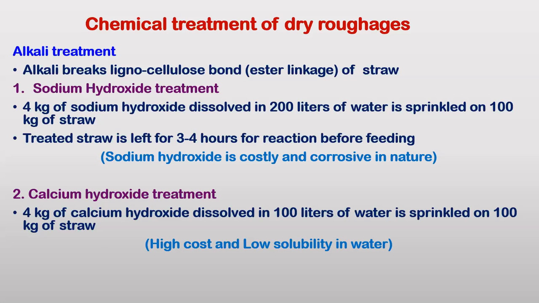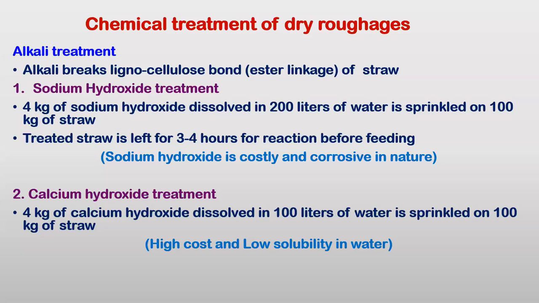After treatment, the treated straw is left for 3 to 4 hours for reaction before feeding. But the disadvantage is that sodium hydroxide is costly and also corrosive in nature. So we should take precautions while applying this treatment.